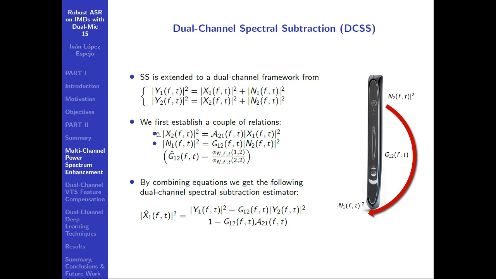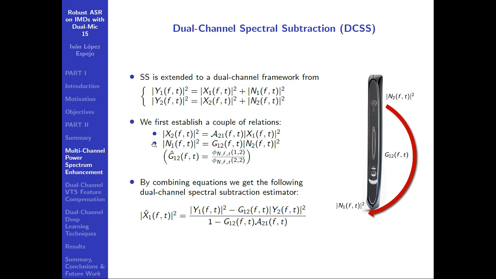The first one relates the clean speech power spectra captured by both microphones through the speech gain term a sub 2,1. This term might be estimated from a steering vector computation method for beamforming. However, as we will see later, we have developed a minimum mean square error based estimator to compute this parameter.